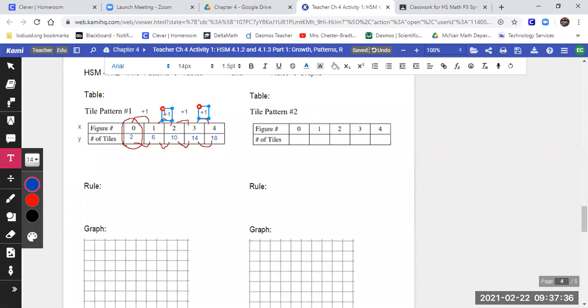Okay, now we have to look at the change in y's because it's the change in y's over the change in x's. So we need both. What's going on each time with the y's now, the bottom row?